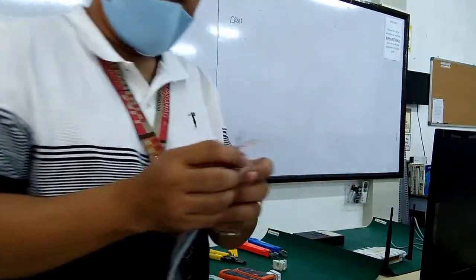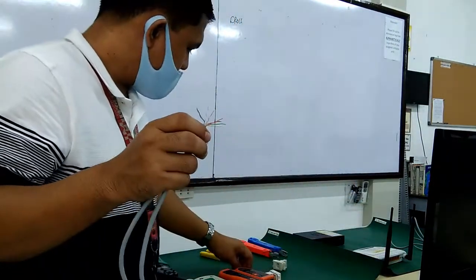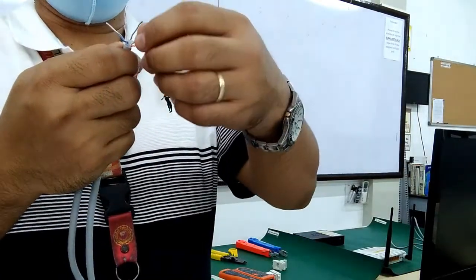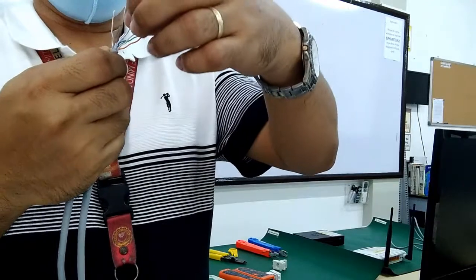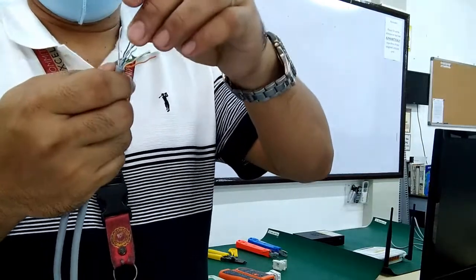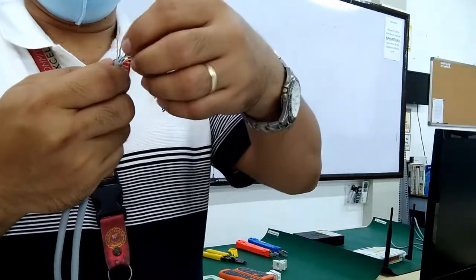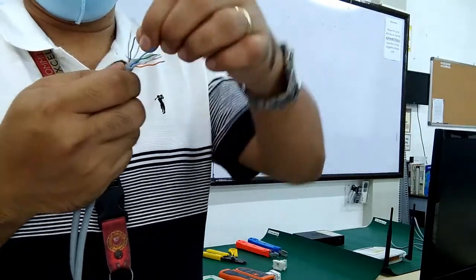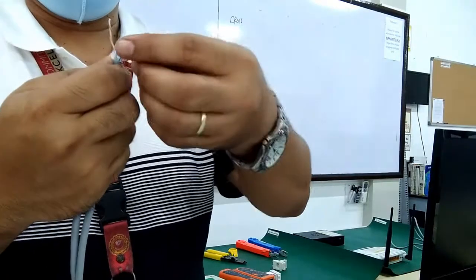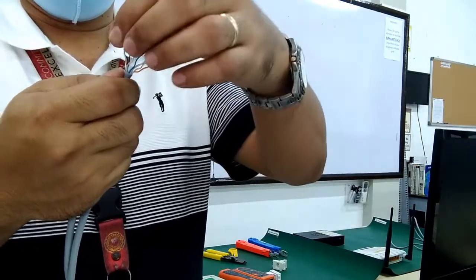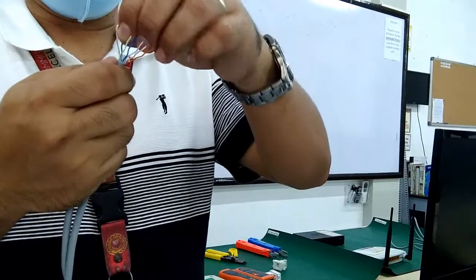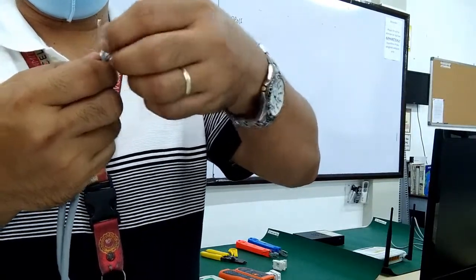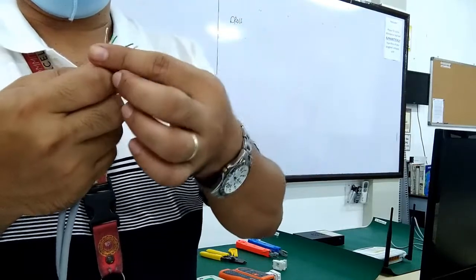The first one is white orange, and then orange, and then white green, and then blue, and then white blue, and then green, and then white brown, and then brown.